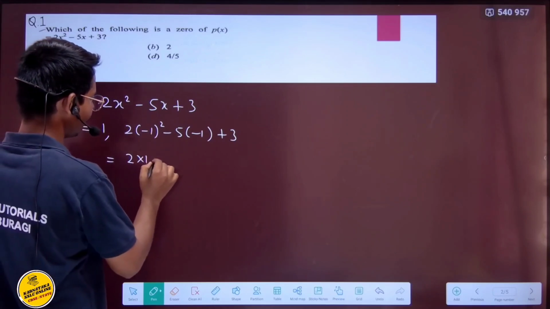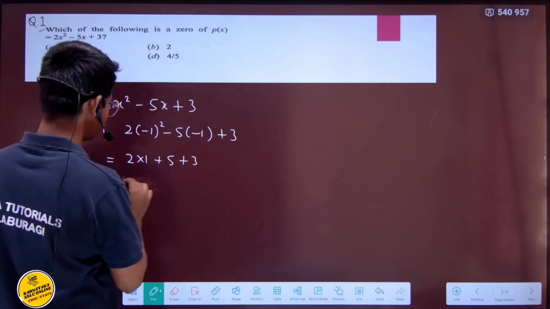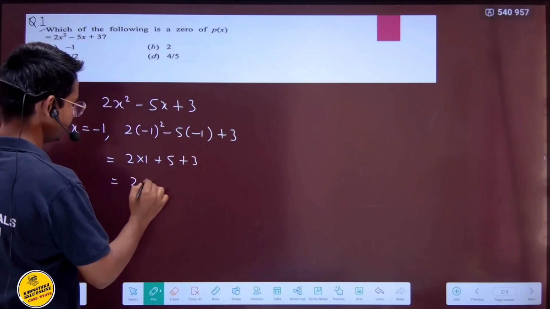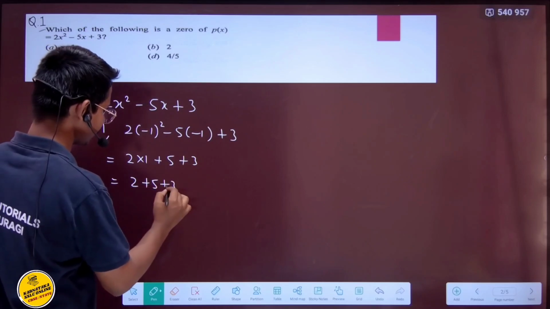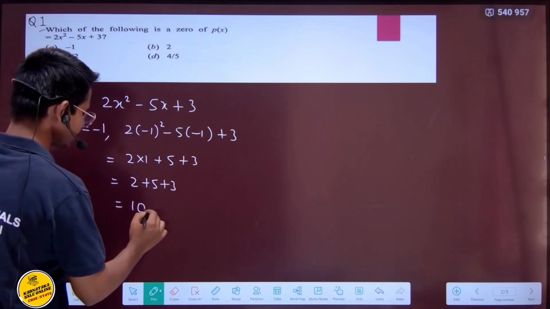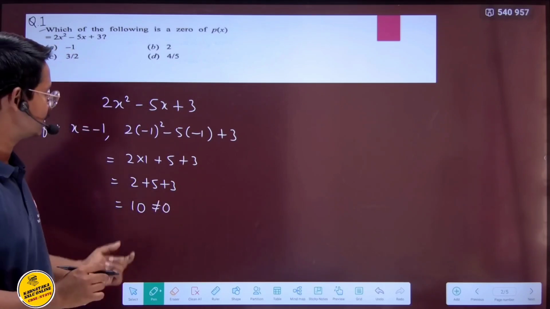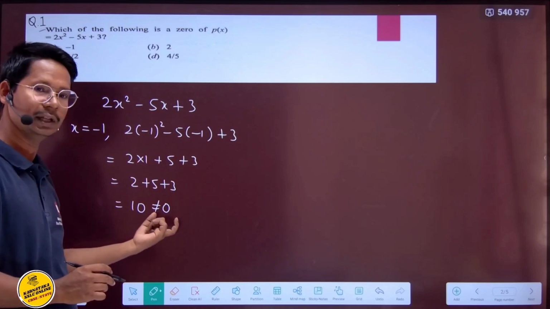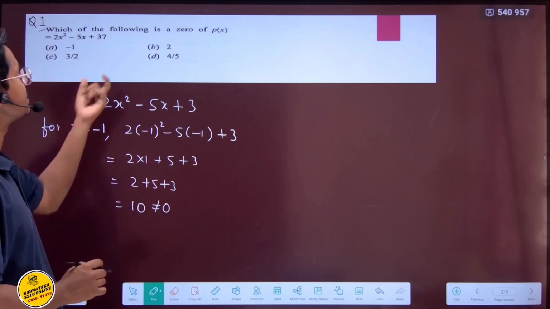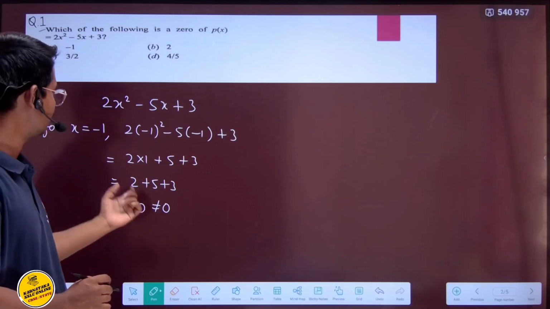So 2 into 1, minus into minus plus 5 into 1, 5, plus 3. So it is 2 plus 5 plus 3, which is going to be 10. Now is 10 equal to 0? 10 is not equal to 0. You should get 0 after simplification, only then is such a value called a 0 of a polynomial. But here we are getting a non-zero value, so it is not the option.